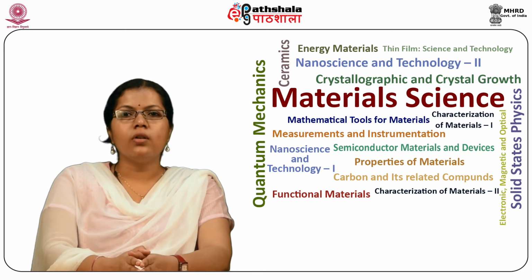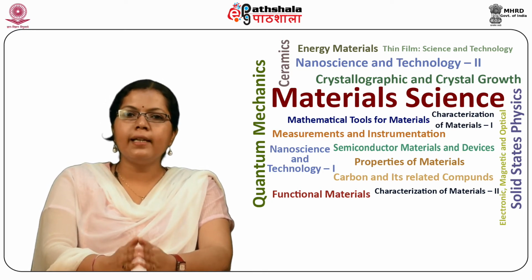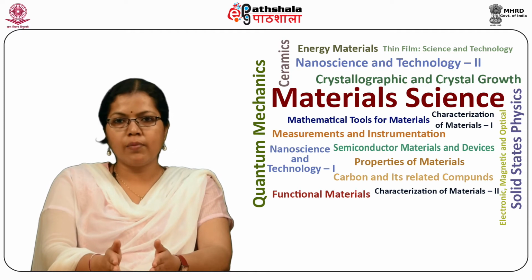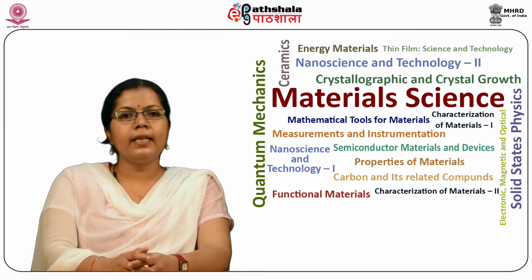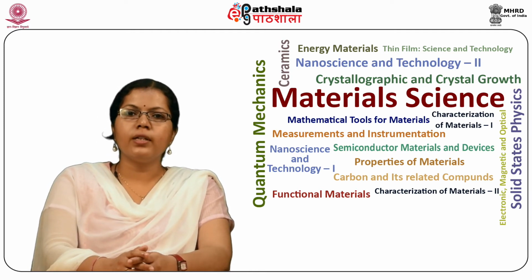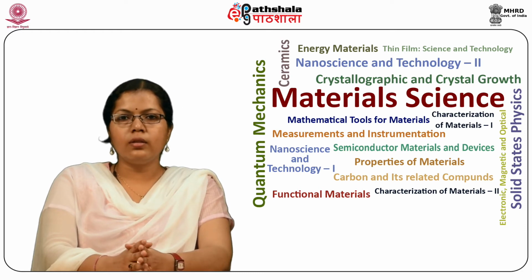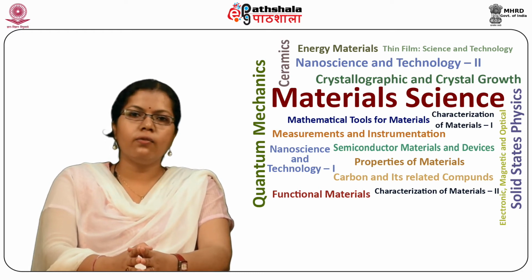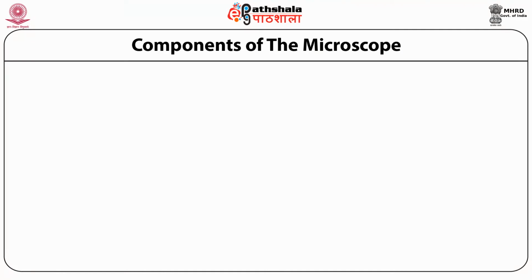In this module, we shall briefly review the salient features of optical microscopy and indicate the advantages of electron optical techniques over the former. So students, now first of all, let us see the components of the microscope.